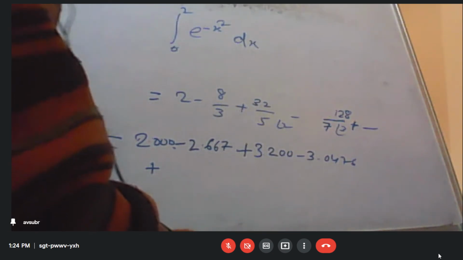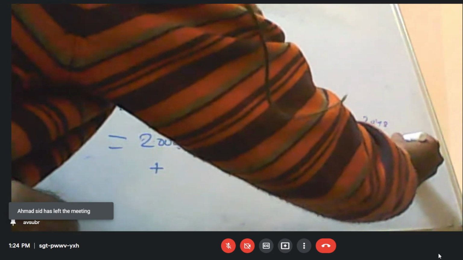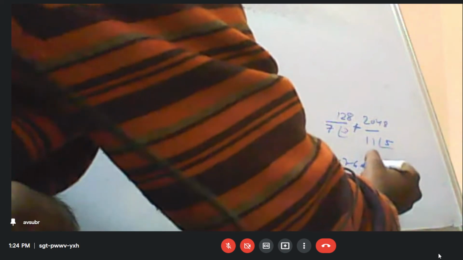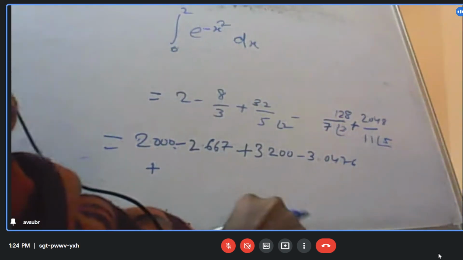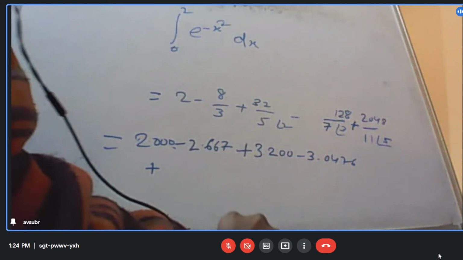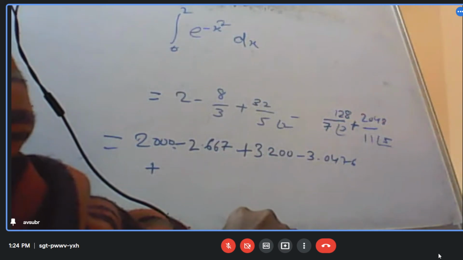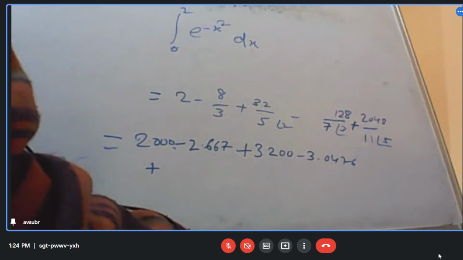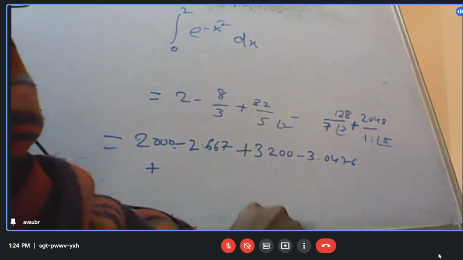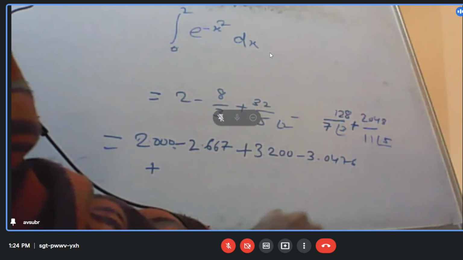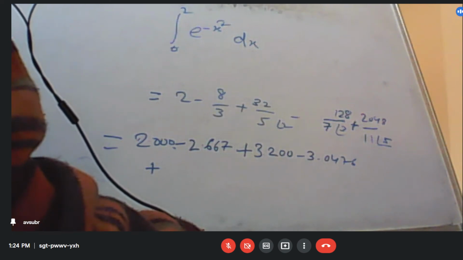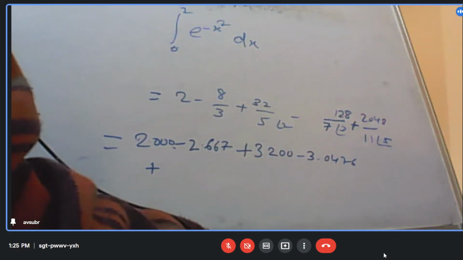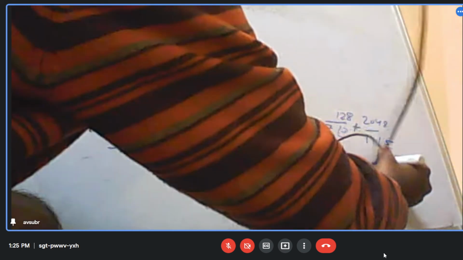Sir, 2048 by 11 factorial into 5. 2048 by 11 factorial into 5. How will it come? 5 into 4 into 3 into 2, so 20 into 3 is 60, into 2 is 120, 120 into 11, how much is it? 1320. So it will be around 1 point something.